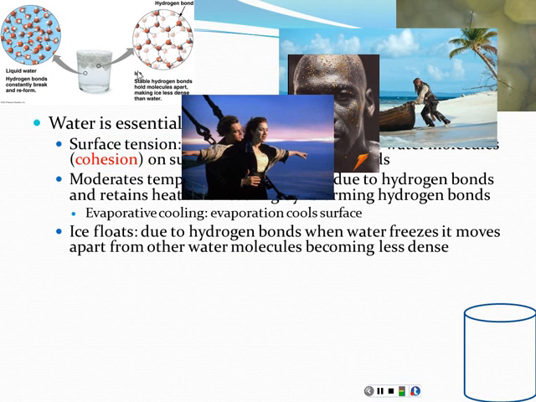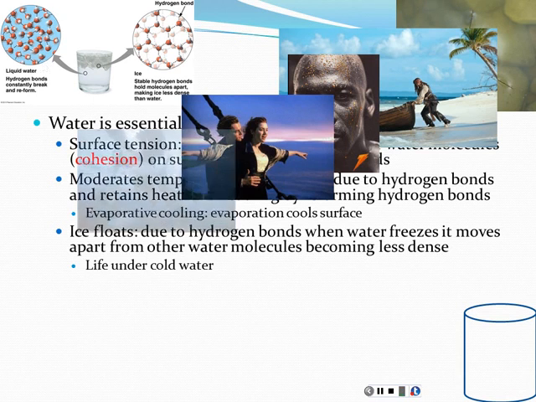So which one's going to be more dense? The liquid form or the solid form? The liquid form is more dense, correct. So that's why it tends to sink while ice tends to float.